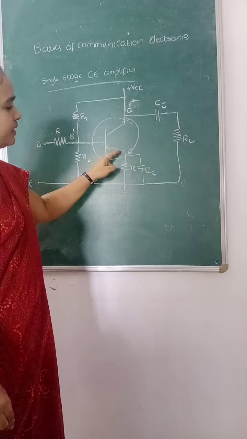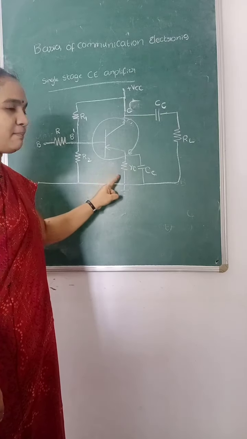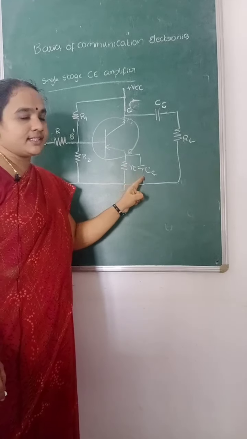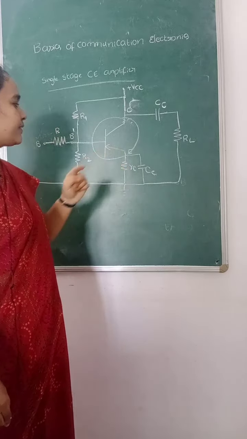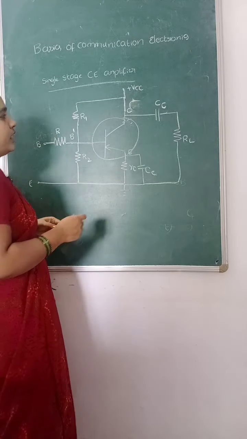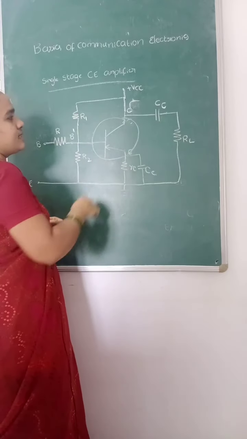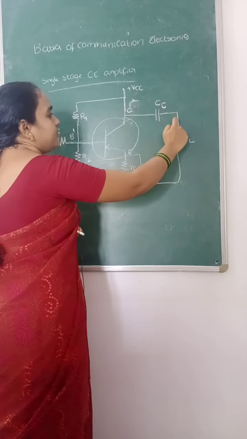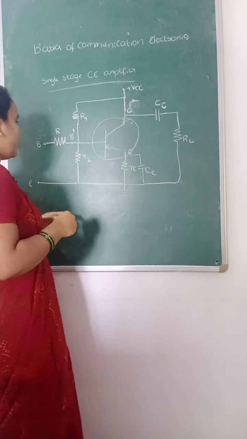From the emitter we have a resistance in parallel with a capacitance. These are connected to the emitter, and we keep a capacitance at the collector. From this we take the output across the load resistance.